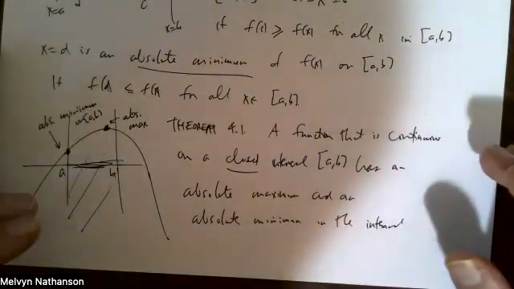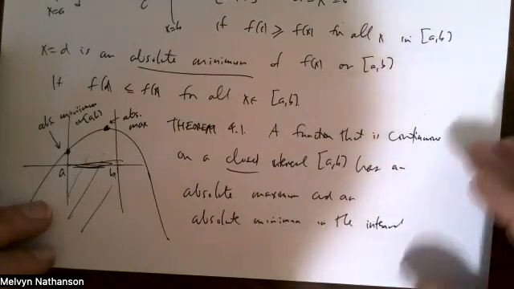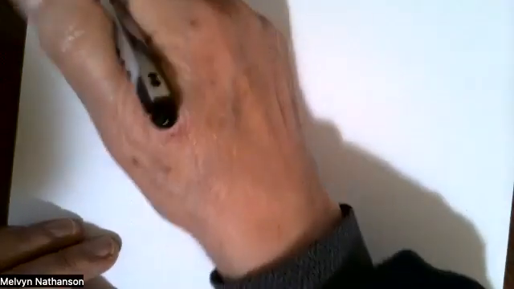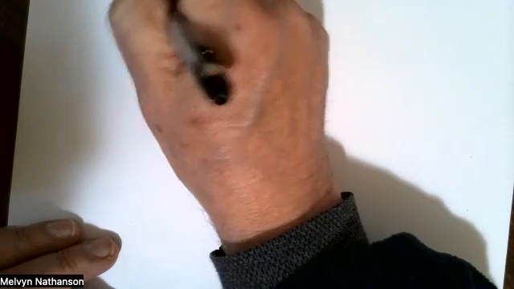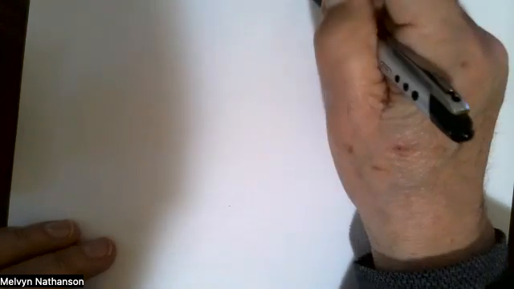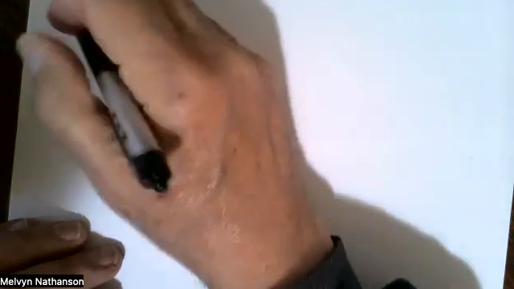And this statement is very important in mathematical analysis, but it's specific to closed intervals. It's not true in an open interval. So to give a very simple example, we have the open interval. In general, an open interval AB means all x which are strictly greater than A and strictly less than B. It doesn't include the endpoints.